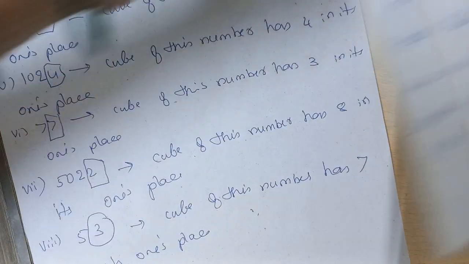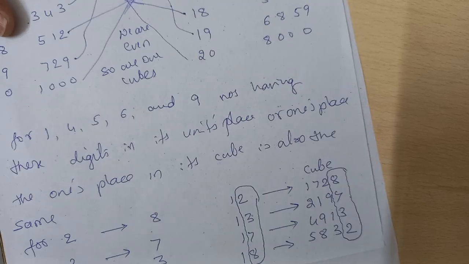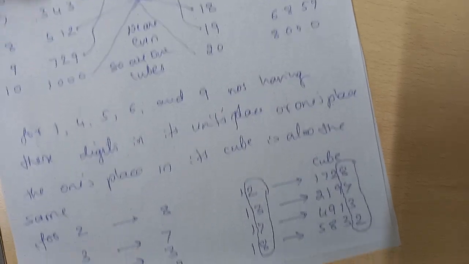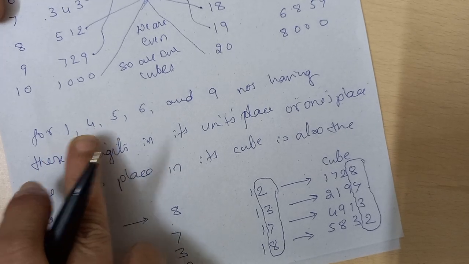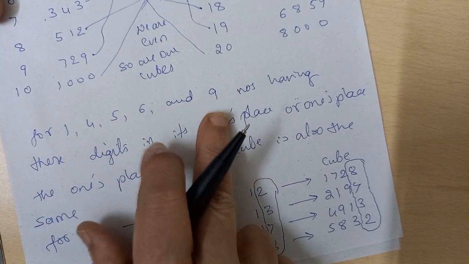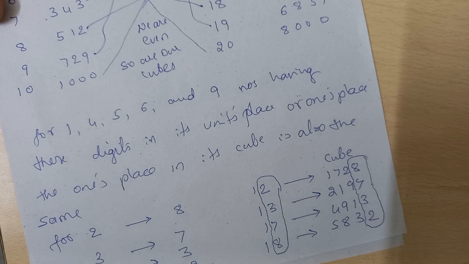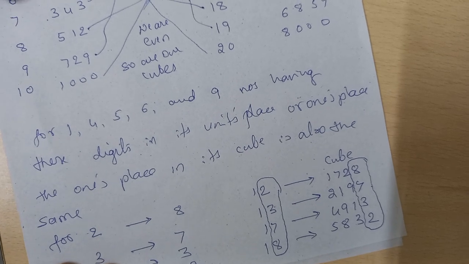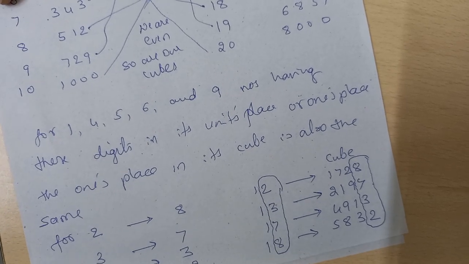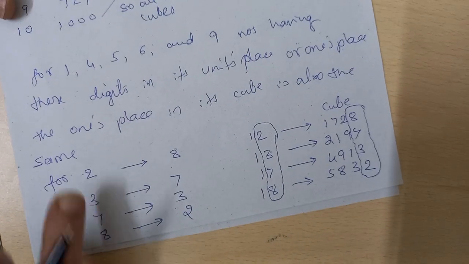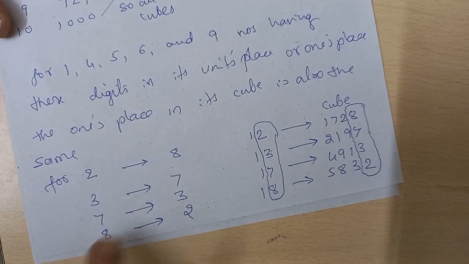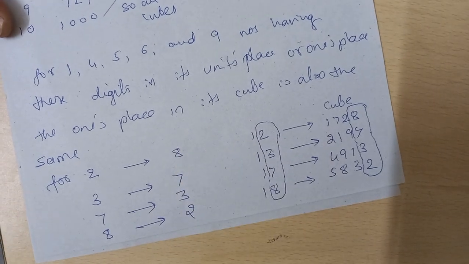So, this is the important information about the cubes of numbers. For numbers having the digits 1, 4, 5, 6 and 9 in the ones place, the cubes of these numbers have the same digits in the ones place. What about 2, 3, 7 and 8? It is 8, 7, 3 and 2.